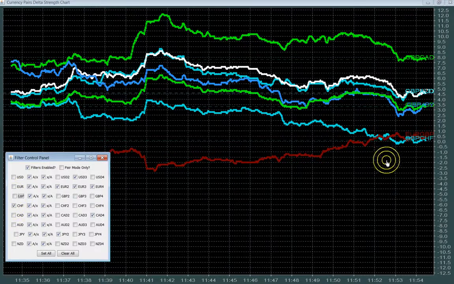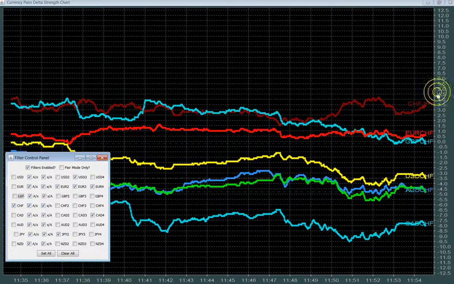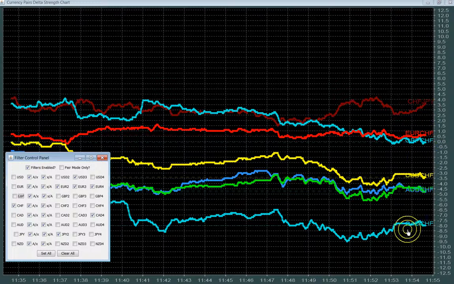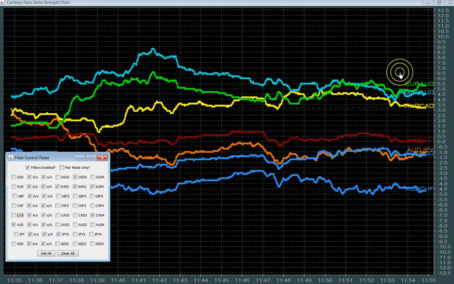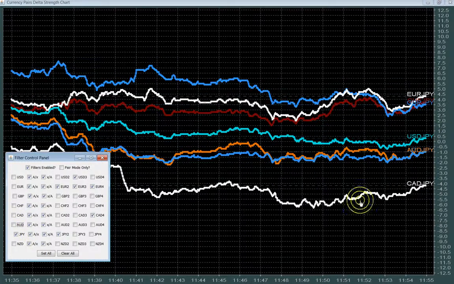These are the currencies involving the Swiss franc right here, either as the base currency or as the quote currency. Moving on down to the Canadian dollar. These are the Canadian dollar currency pairs. Australian dollar. These are the Australian dollar currency pairs. And Japanese yen. These are all the yen pairs.